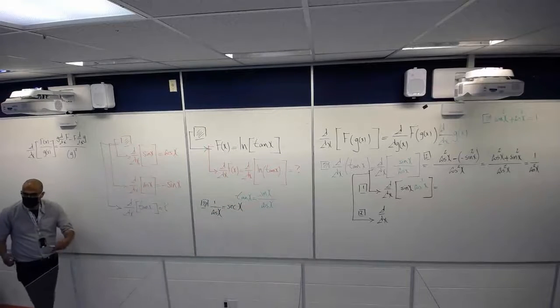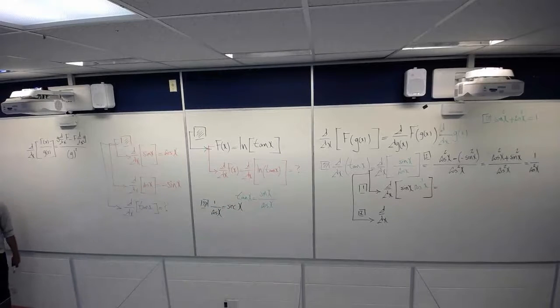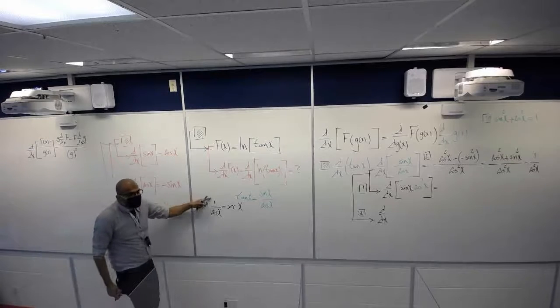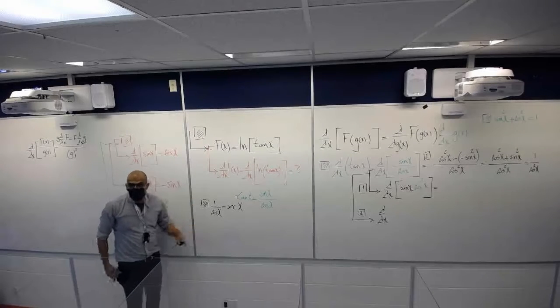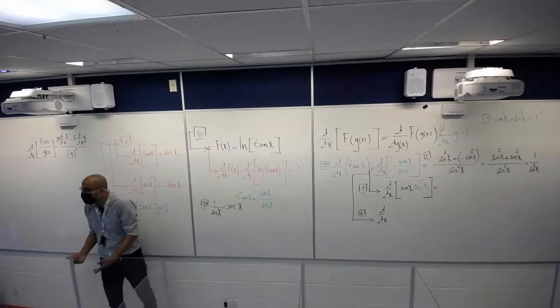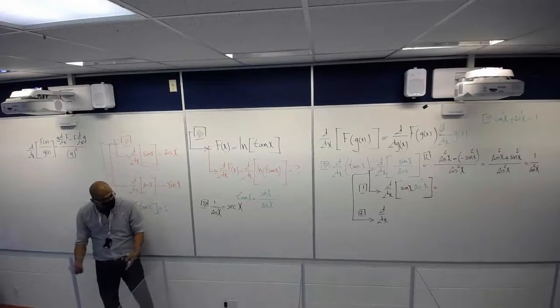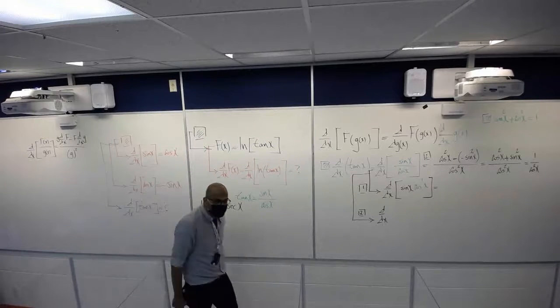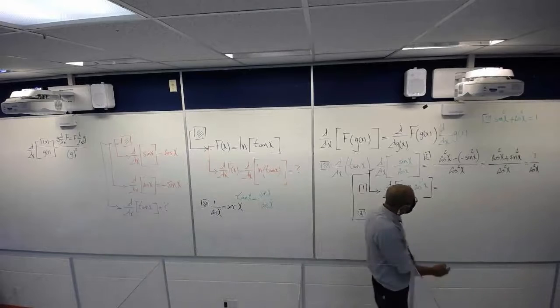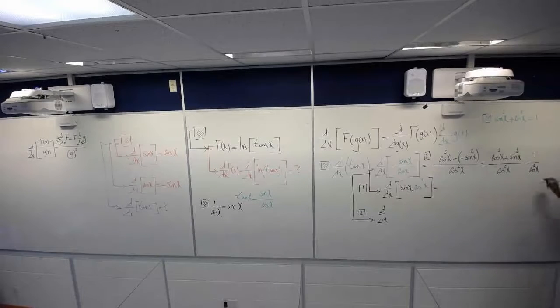Advanced functions course. Because 1 over cosine is the inverse of the cosine ratio, it has a different name. They call that secant of x. Then you say, wait a minute, 1 over cosine squared of x is going to be secant squared of x. And now we are done.